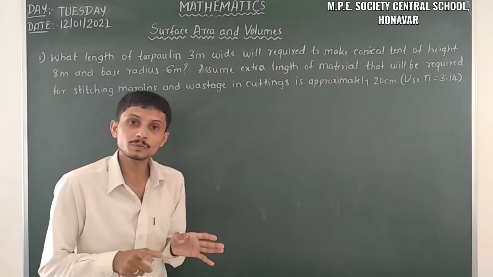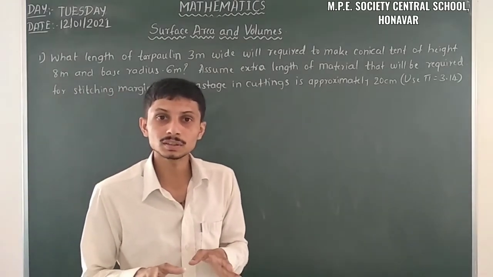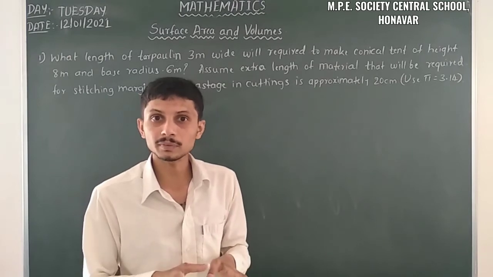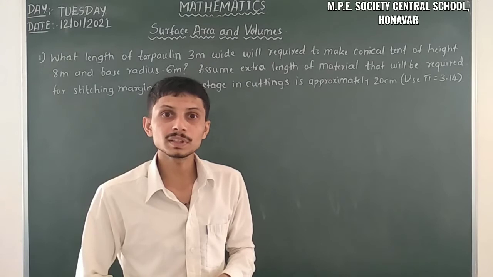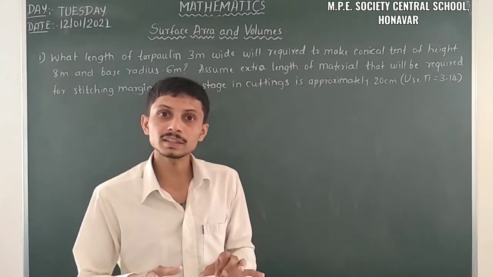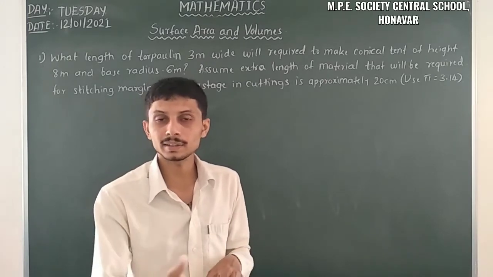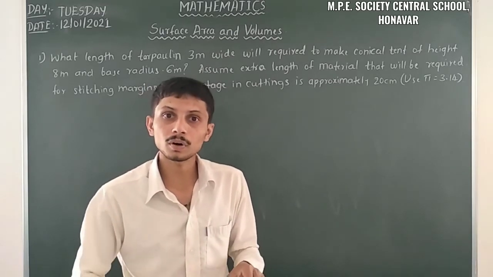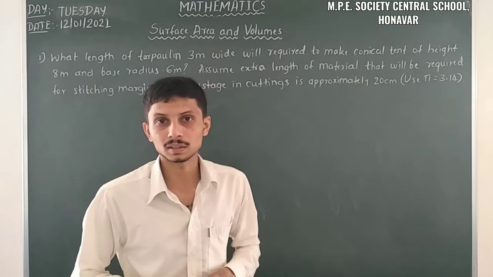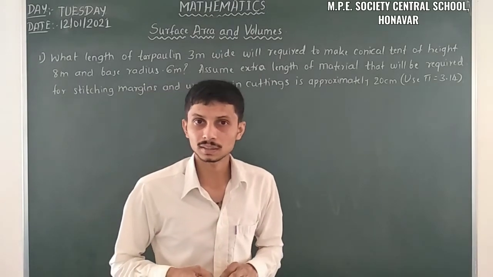If we want to find the curved surface area, whatever conical tent we have, the base part is empty. So the tarpaulin used to make the conical tent is only the curved surface area, not the bottom circle, not the base circle.